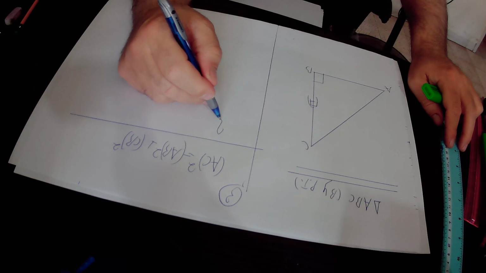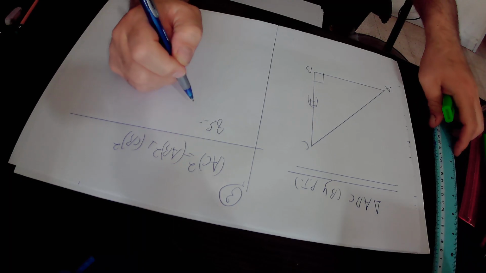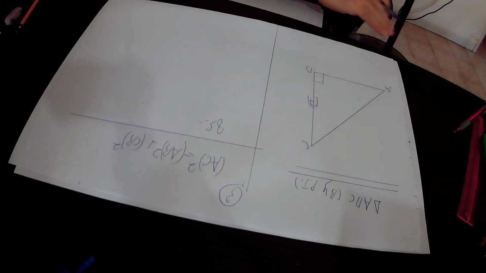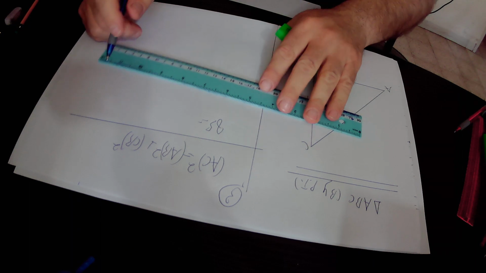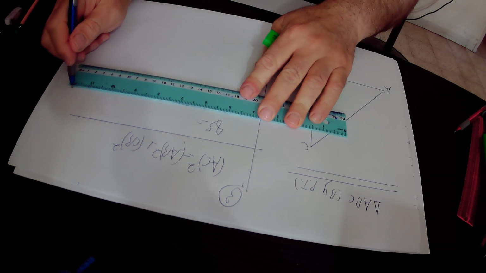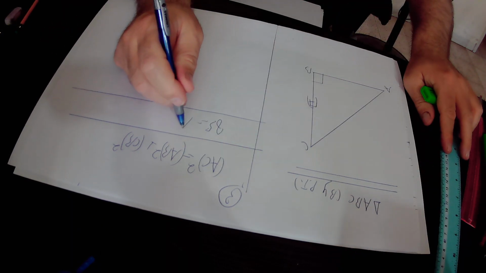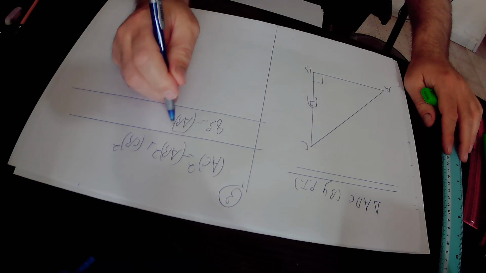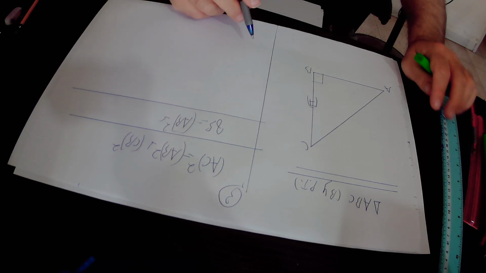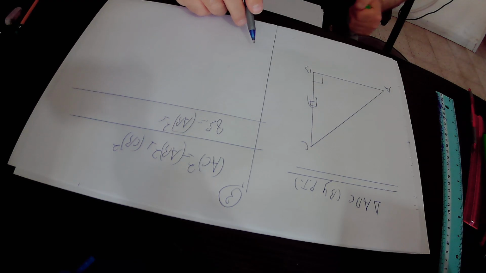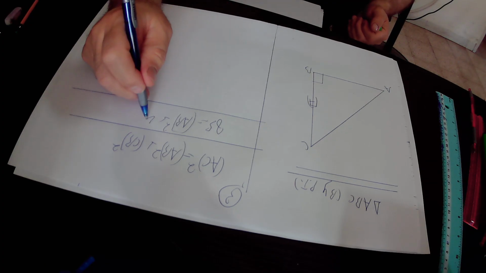AC squared is 85 and it equals AB squared. AB is the missing side, so we leave it as it is, plus CB squared. CB is 7, therefore CB squared is 7 squared, that is 49.